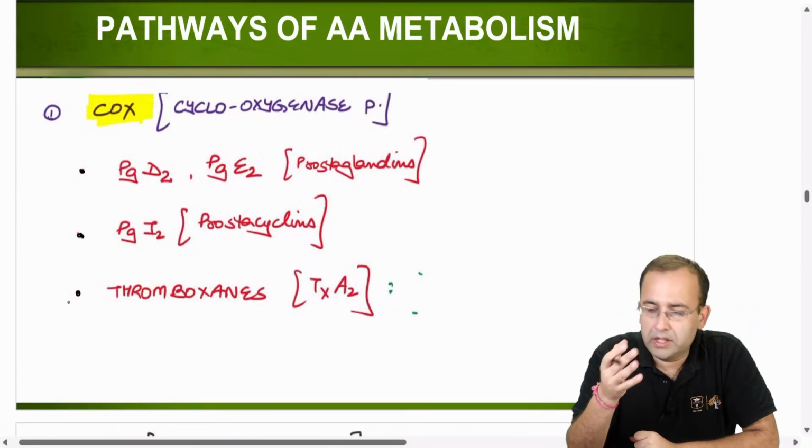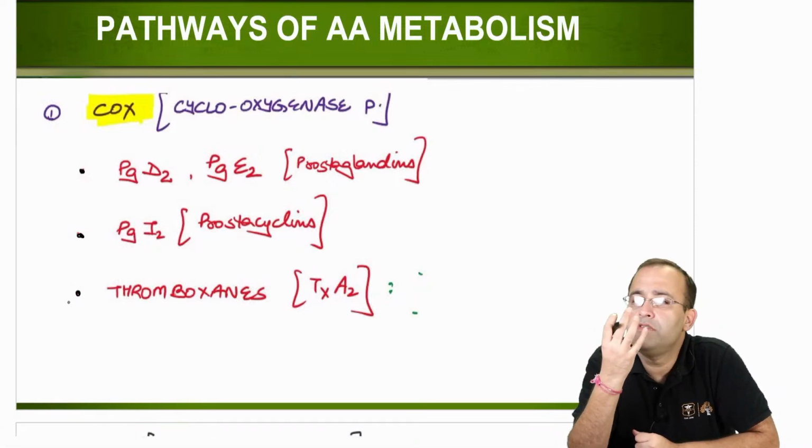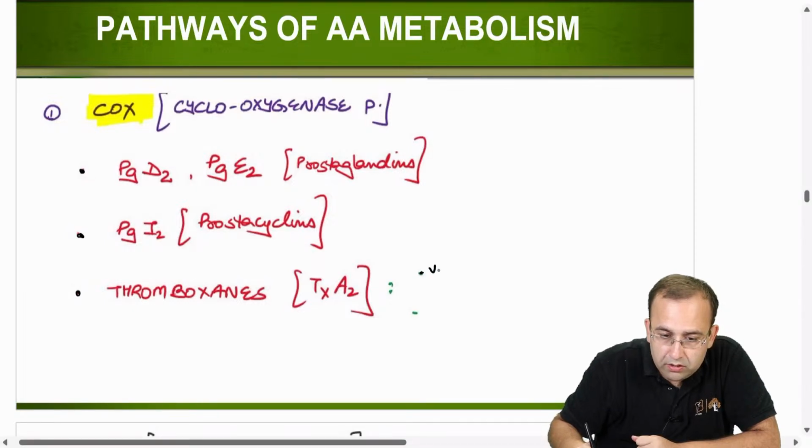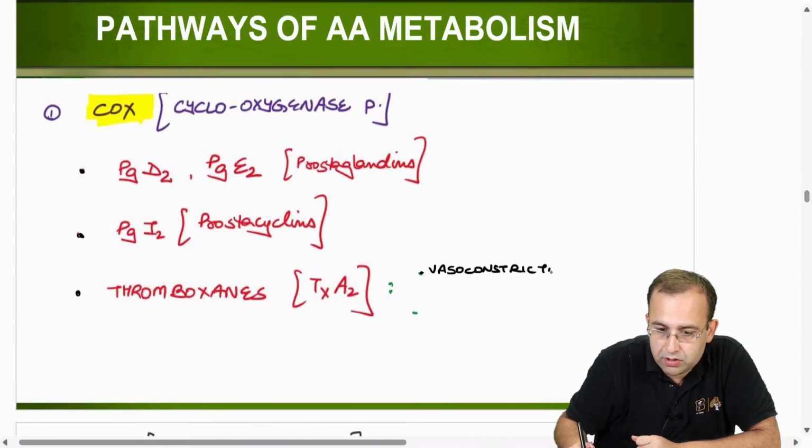Thromboxane, the name tells you, it is responsible for thrombus formation. It causes vasoconstriction and increases platelet aggregation. That is how thrombus will form.